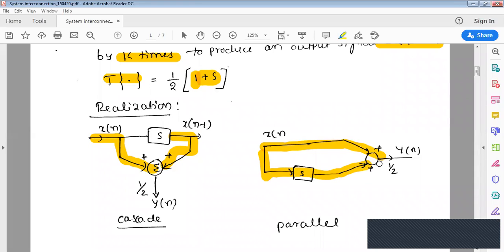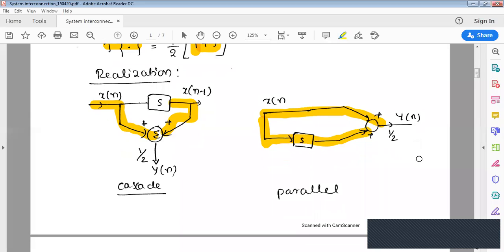Once you add both of them in the summer, that gets multiplied by 1 by 2. That's a scaling factor, that is y of n. This is known as parallel realization. See here, the input goes and divides into two sections. Same principle here also: input goes directly on one path, and input goes through s on the other path. So this is known as cascade realization, and this is known as parallel realization.